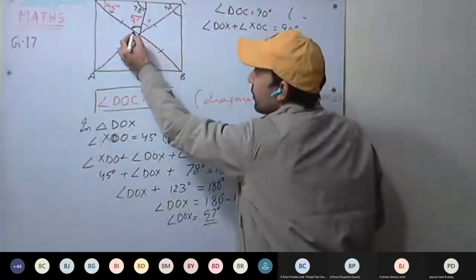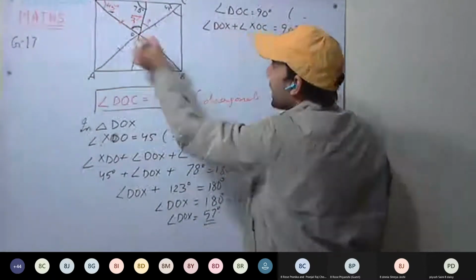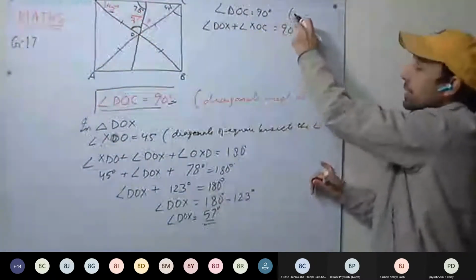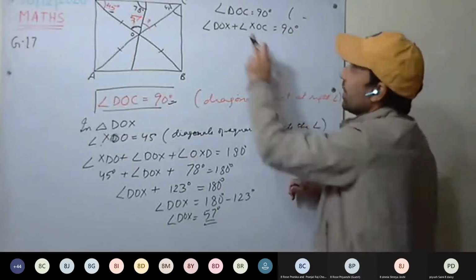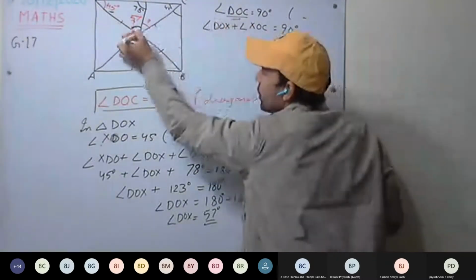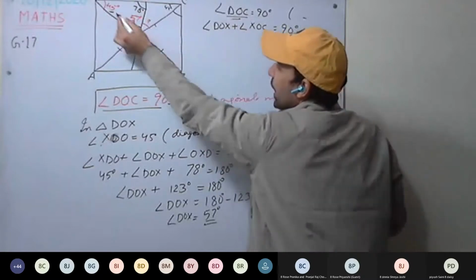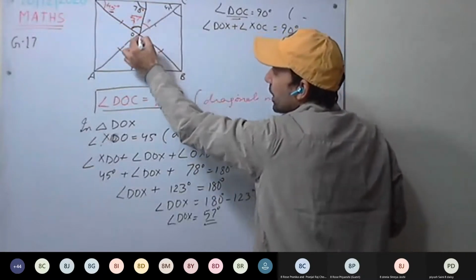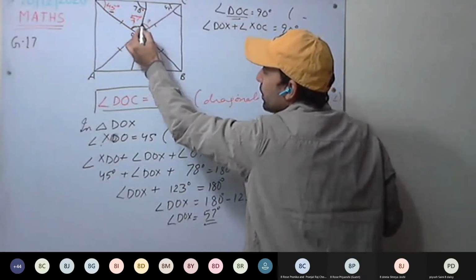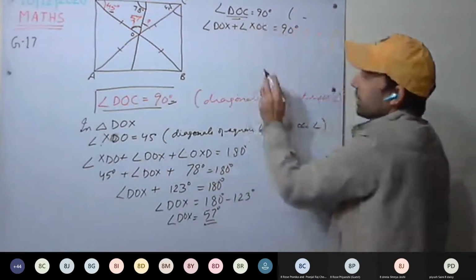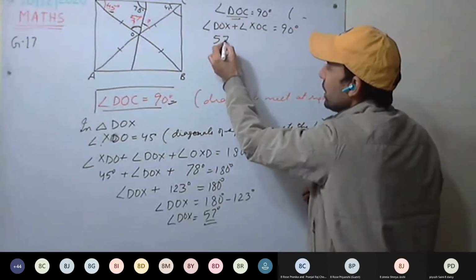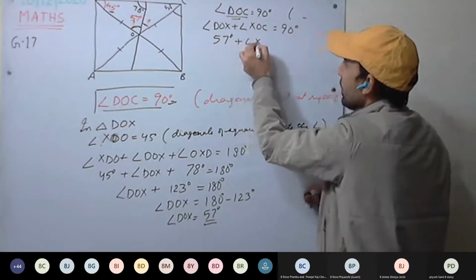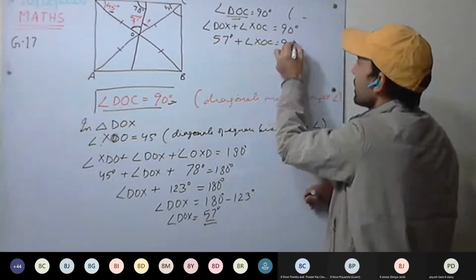Now this angle we know, angle DOC will be 90 degrees because diagonals meet at right angle. And this angle is the sum of these two angles, angle DOX plus angle XOC. So this angle plus this angle is how much? 90 degrees. And this angle we already calculated, 57 degrees. Angle DOC 90 degrees.